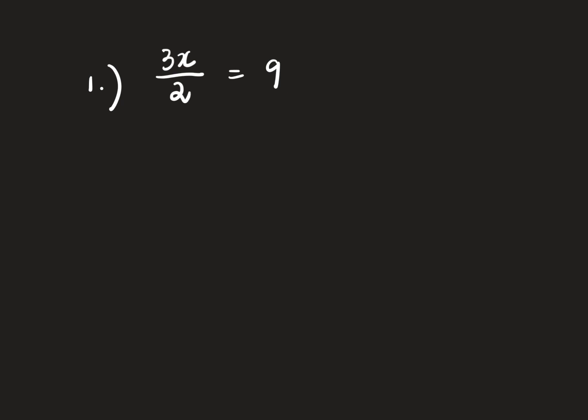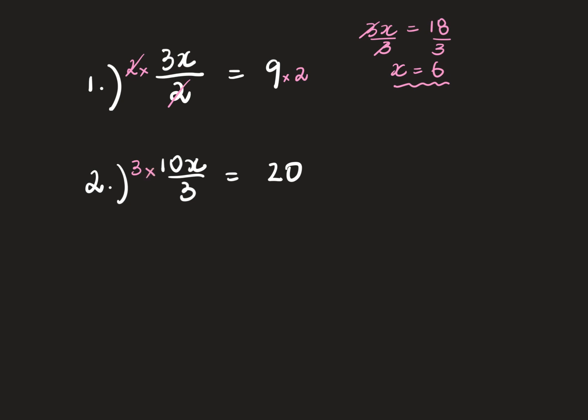Let's look at this first one. First thing I'm going to do, multiply both sides by 2, cancel. That will leave me with 3x is equal to 18. Divided by 3, cancel. X is equal to 6. Next one. Divide by 3, well, what's the opposite of that? Times both sides by 3, cancel.